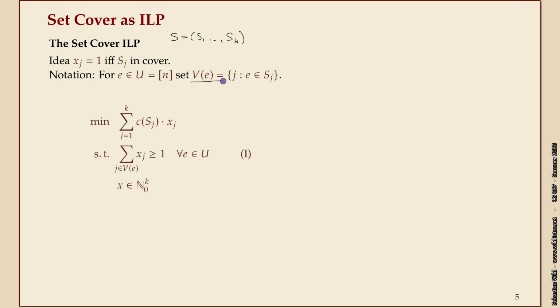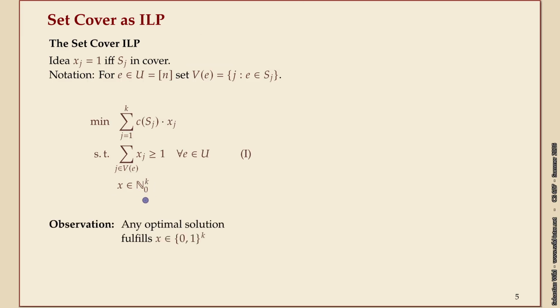That's this notation here, which we'll use a bunch in this chapter, so memorize that one: V of e is the indices of all the sets where e occurs. We sum over all those, and we require that at least one is 1. That's what the sum does if you restrict your numbers to integers.